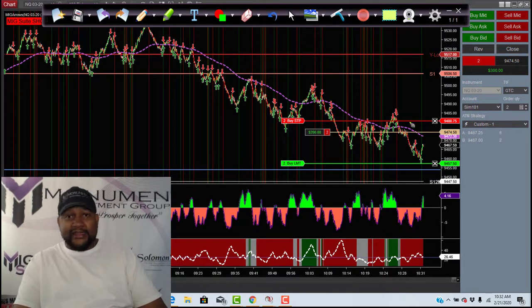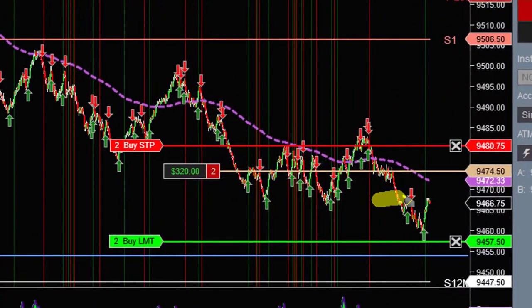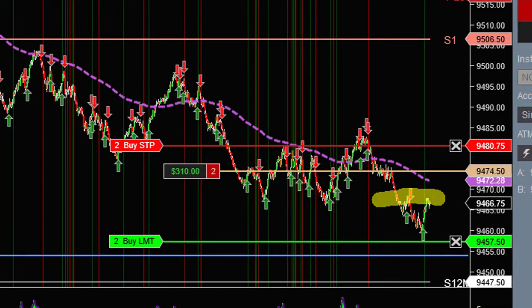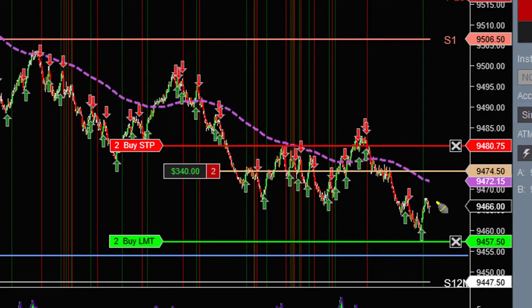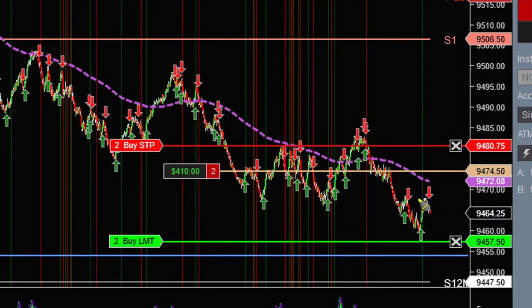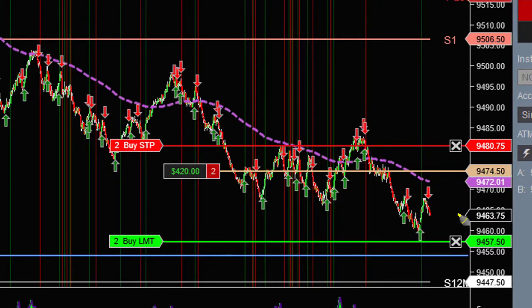Now, this would be an indication where I would actually consider getting out because, look, the market's kind of getting about to topple that area right there. So let me clear that out so you can see it pretty good. If it passes this area, then yeah, I'll take the profit that's on the table and probably $200 some at that given point. If it does not pass that level, that red arrow that's there, then I'm just going to sit it out and wait for it to go ahead and hit my stop.